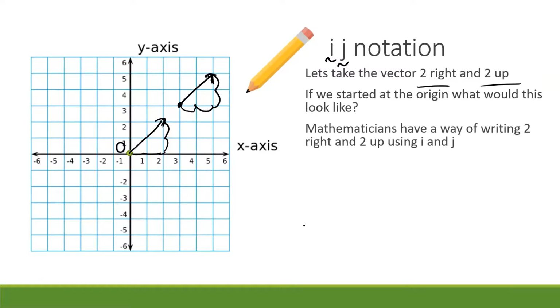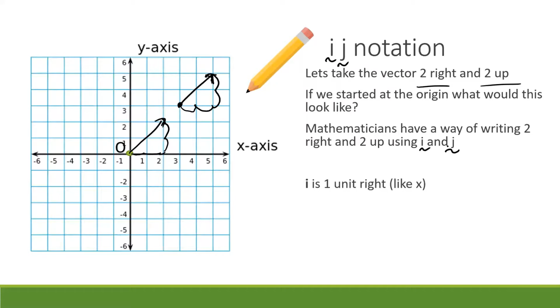Mathematicians have a way of writing 2 to the right and 2 up using the letters i and j. Now, this notation is just a very special kind of way that we can write it. What they do is i is 1 unit to the right. It's like x.